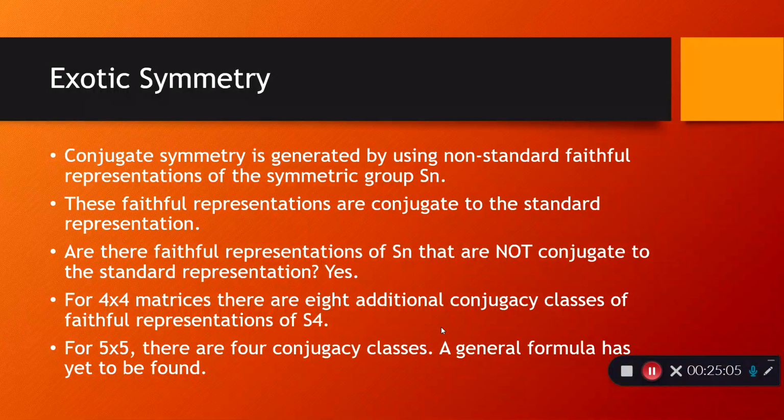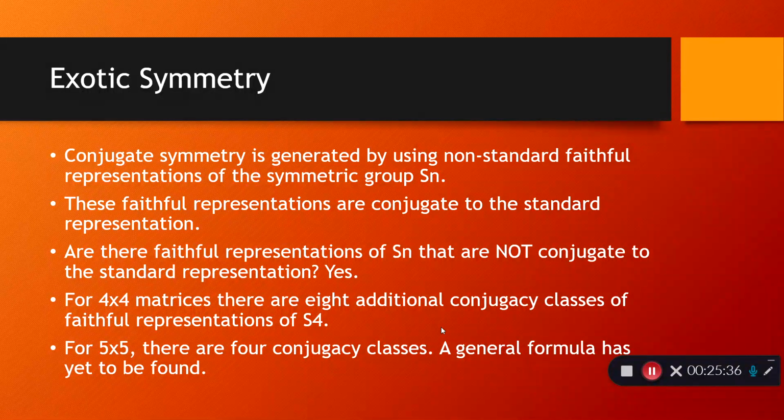For 4x4 matrices, there are 8 additional conjugacy classes of faithful representations of S4. For 5x5 matrices, there are 4 conjugacy classes, and I've investigated 6x6s to some degree, and there are obviously a large number of conjugacy classes there.